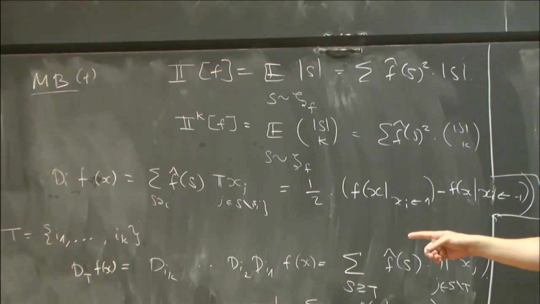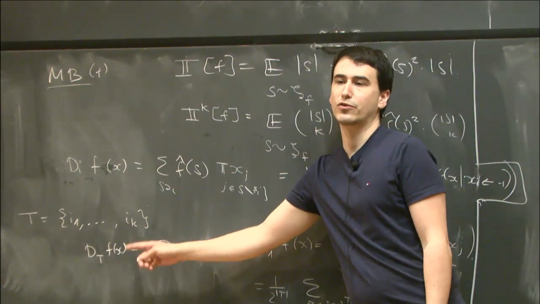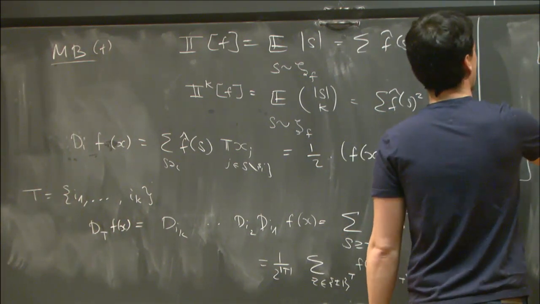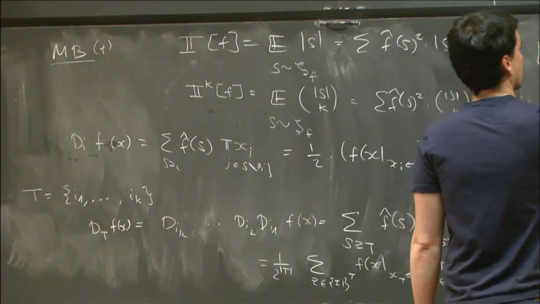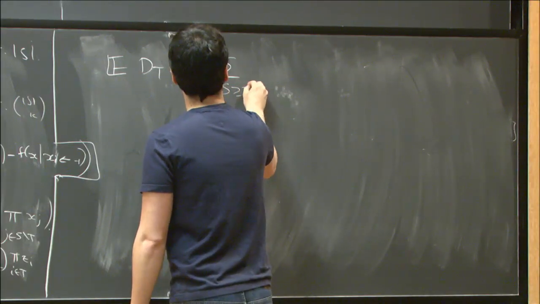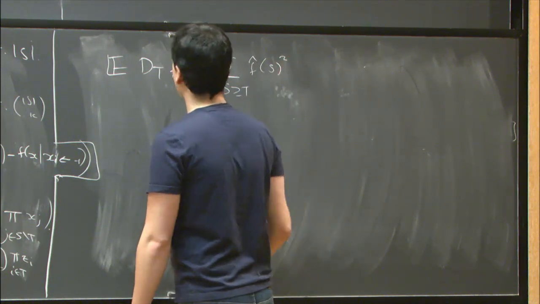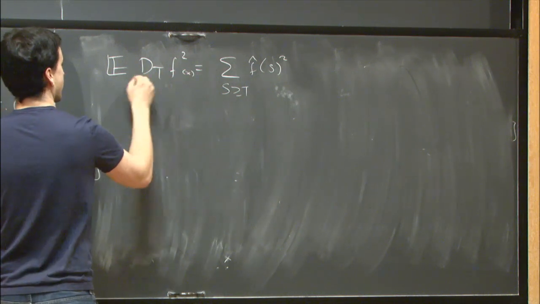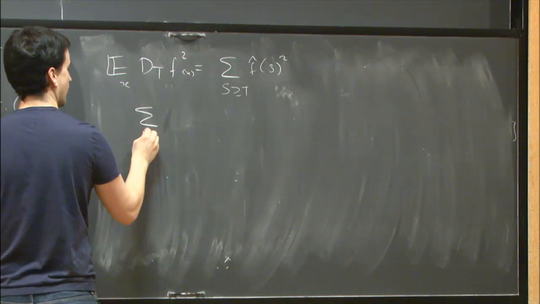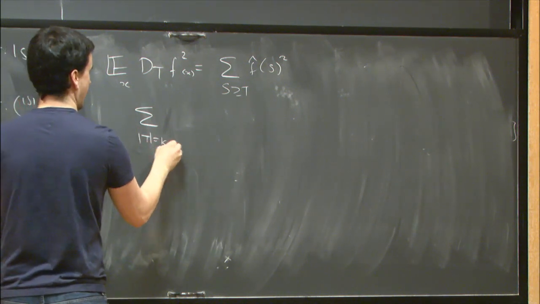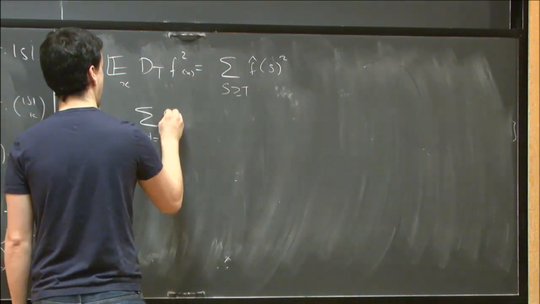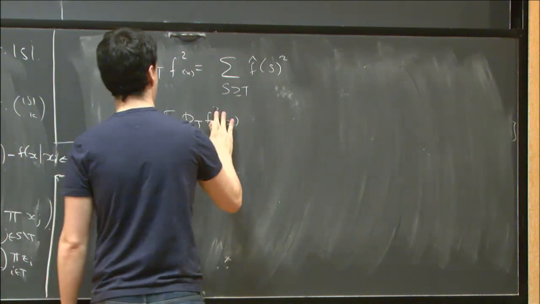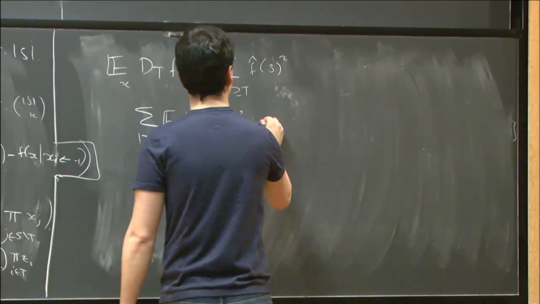So now we will take the sum of this derivative squared when we sum over all sets of size k. For one set this equals simply this thing. And when we sum over all sets, what do we get?